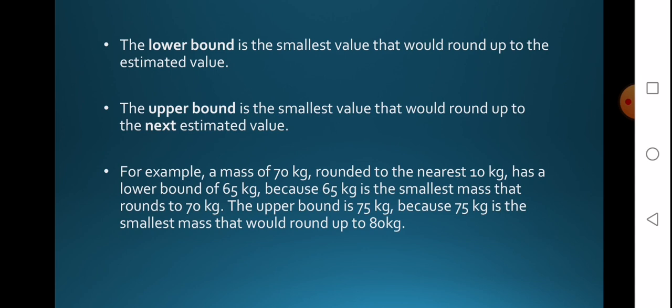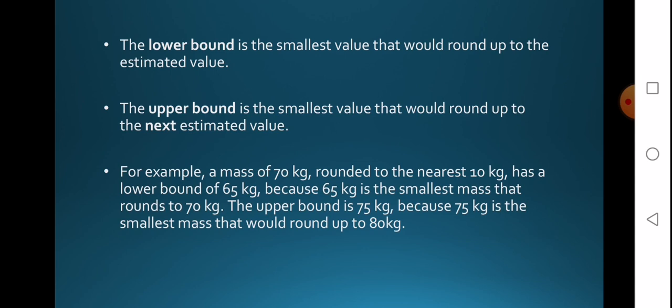We have an example. A mass of 70 kilograms rounded to the nearest 10 kilograms has a lower bound of 65 kilograms because 65 kilograms is the smallest mass that rounds to 70 kilograms.